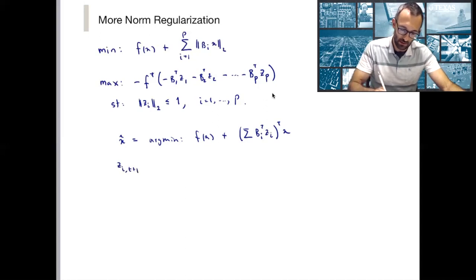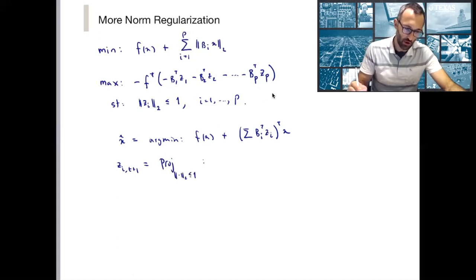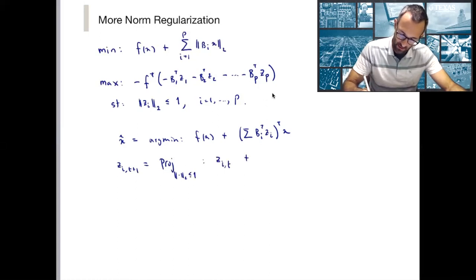So z_i at t plus 1 is equal to the projection onto the Euclidean unit ball of z_i plus lambda b_i of x hat.